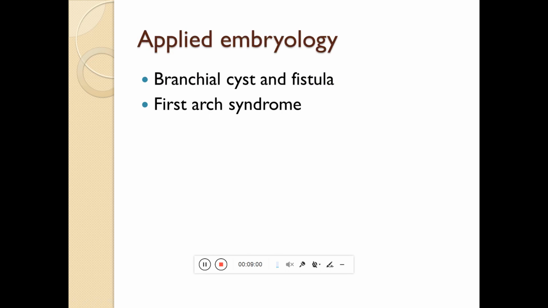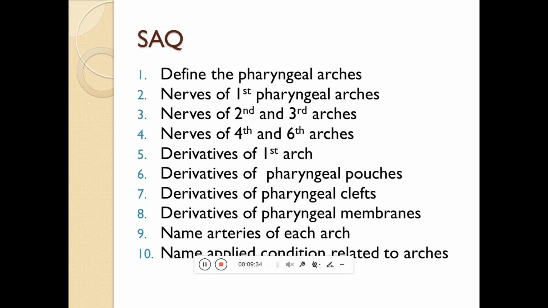They are due to lack of migration of neural crest cells into the first pharyngeal arch, and due to that the important diseases are known as Treacher Collins syndrome, Pierre Robin syndrome, and DiGeorge syndrome. These are the syndromes generally seen in first arch syndrome. The remaining are not too important for you. This is about applied anatomy regarding the branchial arches or pharyngeal arches.